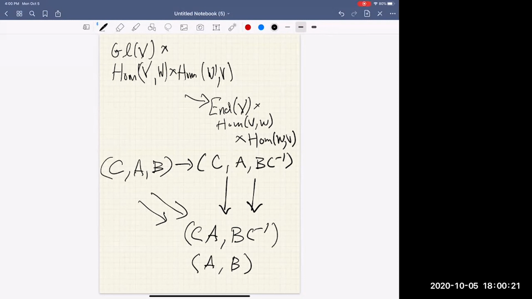Does that make sense? So this was my P and my S. This is my J. These are just defined to get me to these two things. So it's not the open immersion you expect.